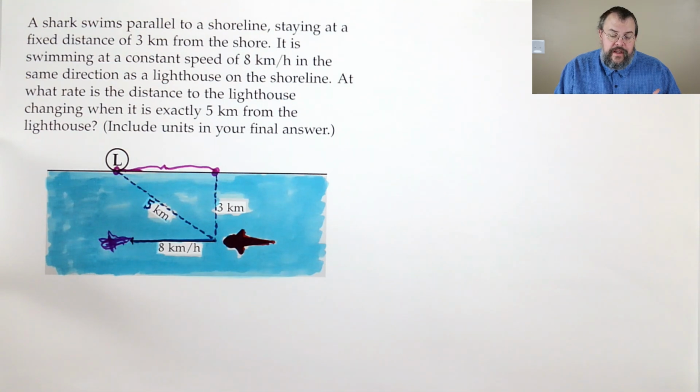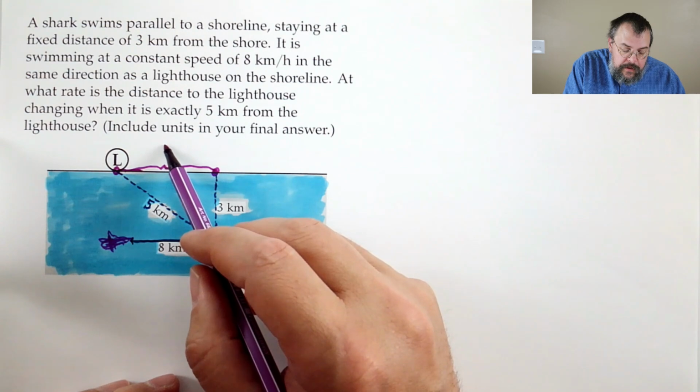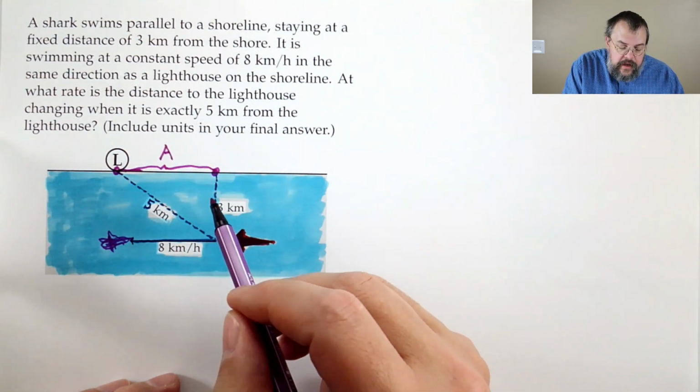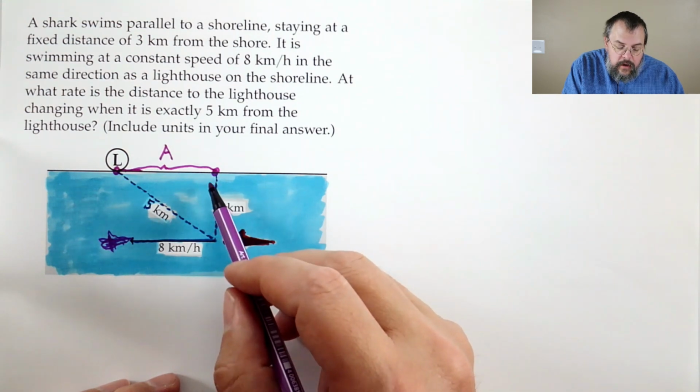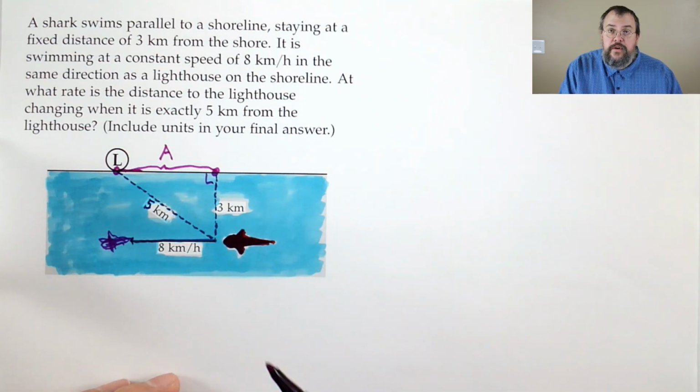Okay, so we should give some labels. We'll call this one A, it can be anything we want. And this length here, we don't need to give a name because it isn't changing. So we're going to call it 3 because it's always 3.